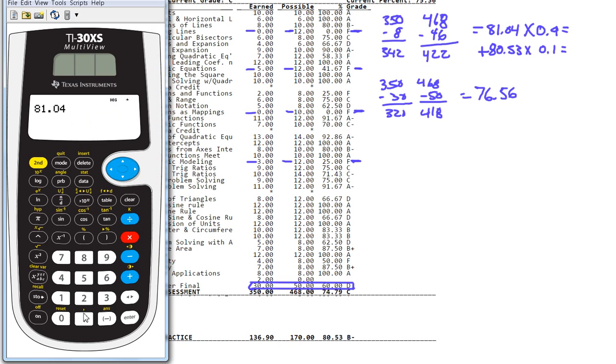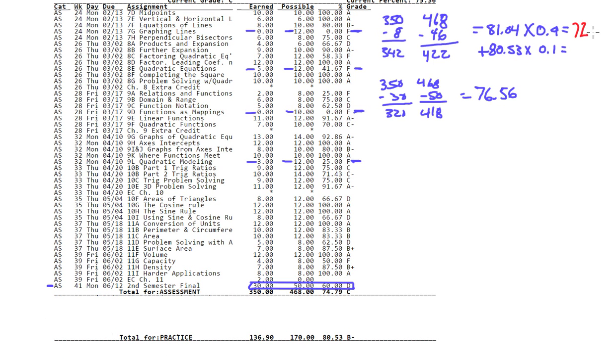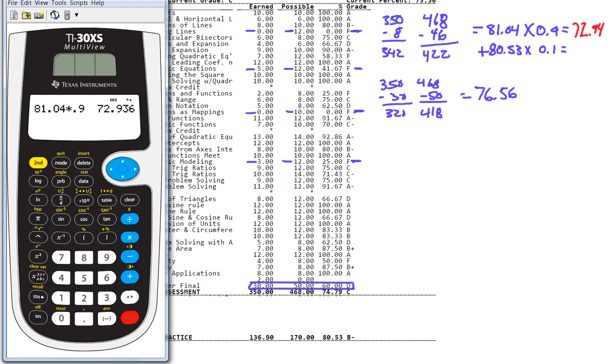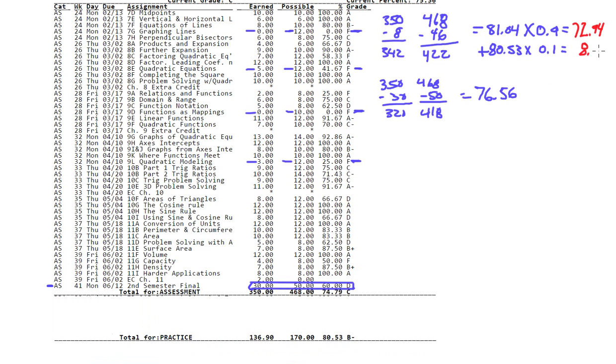So let's take 81.04 times 0.9, and that gives us 72.94, we'll go with. Then we're going to add 80.53 times 0.1, which basically just means move the decimal over, right? So that's plus 8.05.